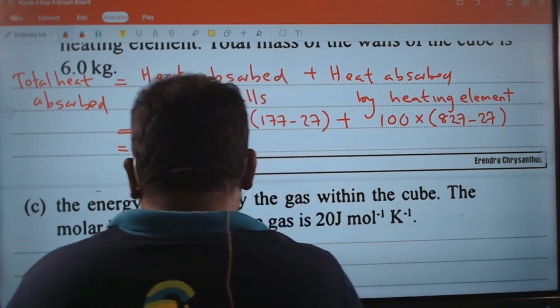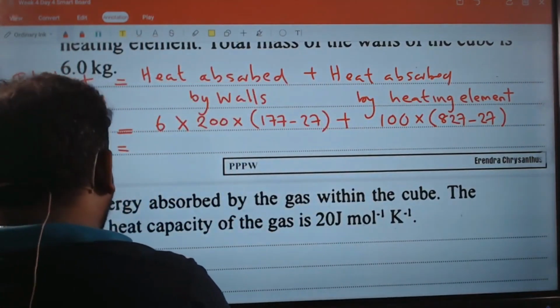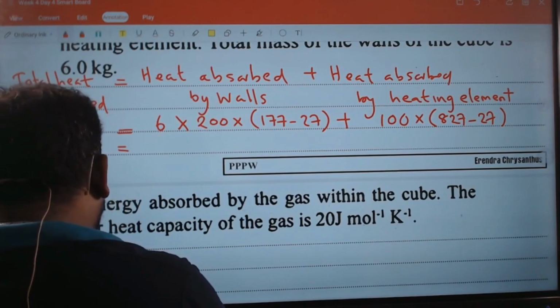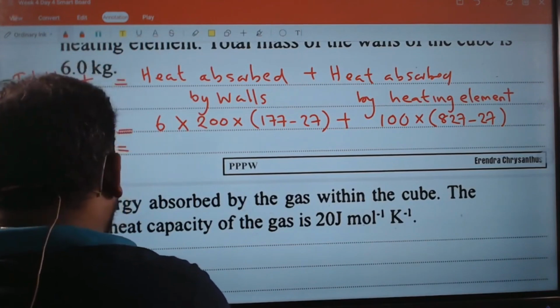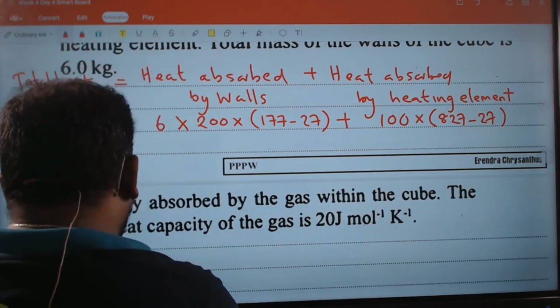Simplify this: 6 multiplied by 200 multiplied by (177 minus 27) plus 100 multiplied by 800.